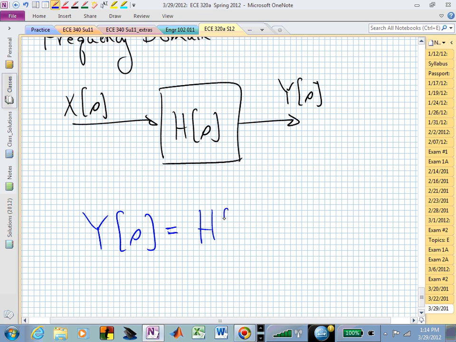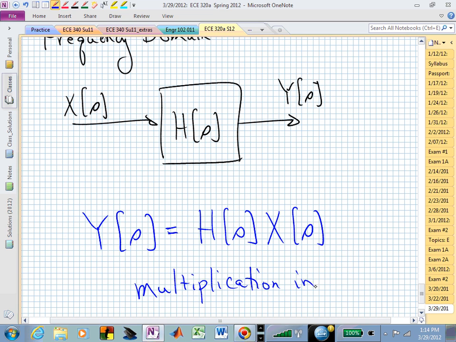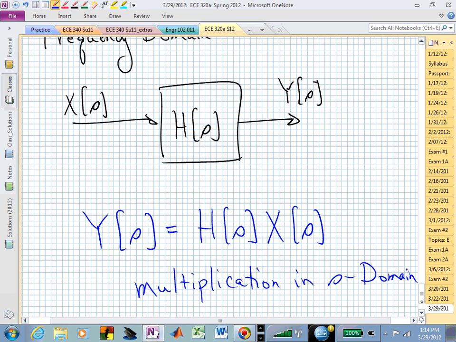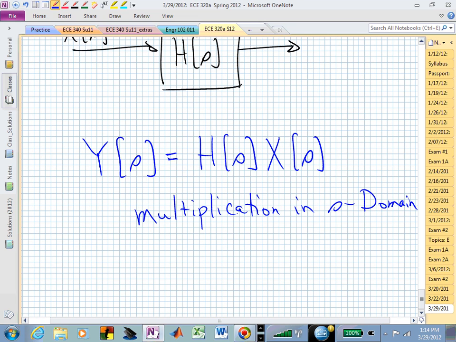This is now just H of s times X of s. I knew I would run out of room, so I abbreviated frequency with s. Multiplication in the s domain. Multiplication in the frequency domain. That's how we find the relationship between the input, the system, and the output.